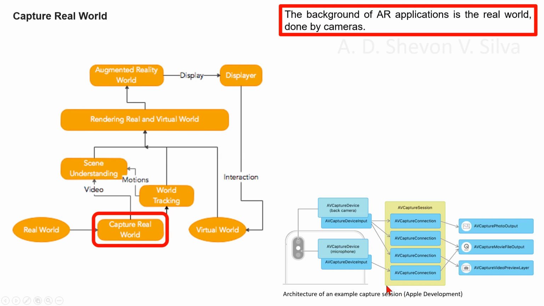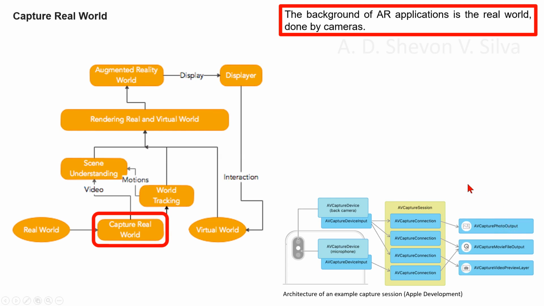Note, iOS offers several other ways to select a camera device. Then add outputs for the kinds of media you plan to capture from the camera you have selected. For example, to enable capturing photos, add AV capture photo output to the session.